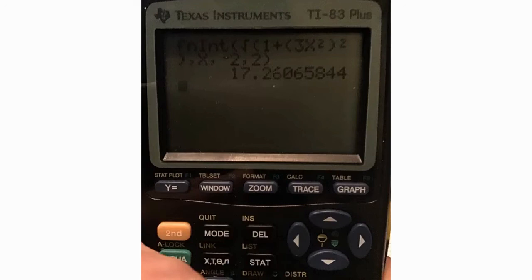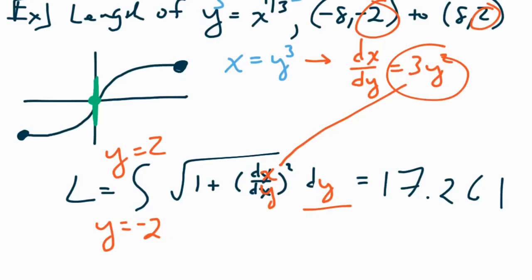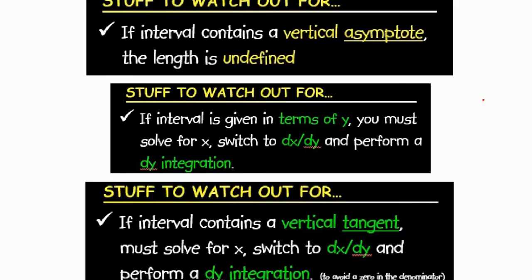It'll force you to realize that, yes, you're typing in 3y squared, you're typing in the dx/dy derivative, and you're using the y values as your limits of integration. And we end up with now a defined value of 17.261.